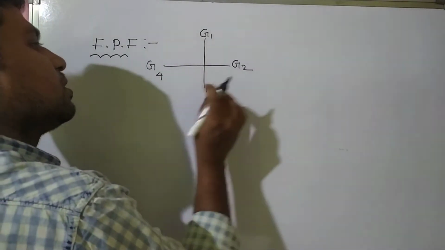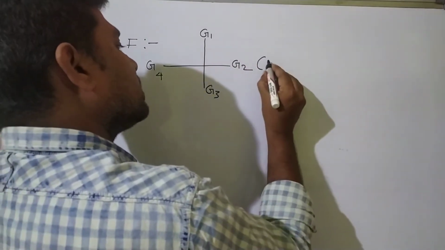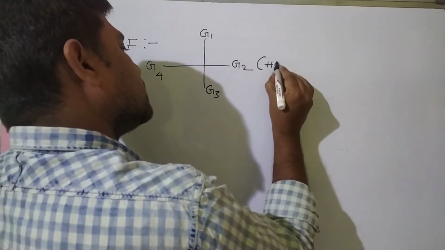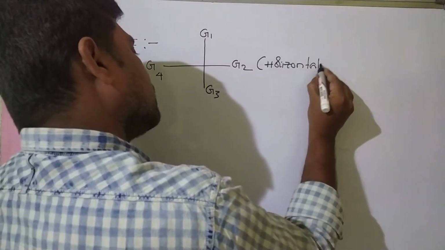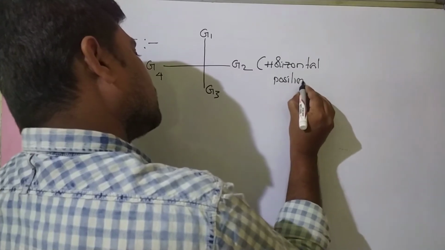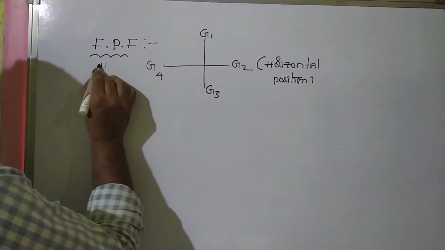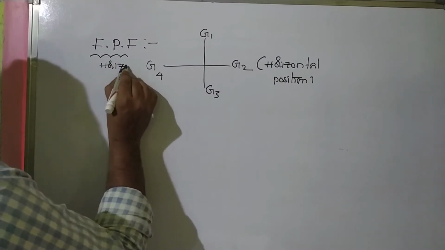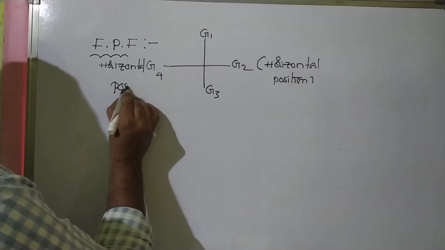Okay, students? So this group and this group are called horizontal positions. Horizontal position. So this also is a horizontal position.